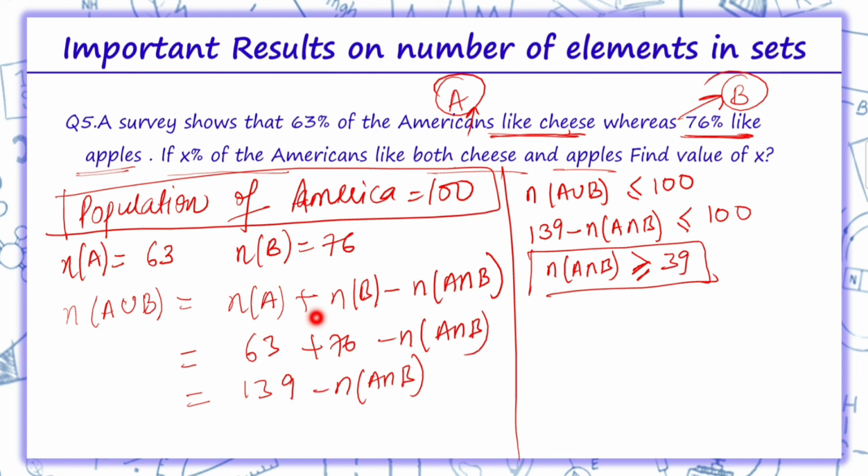Now, A intersection B is greater than or equal to 39. And we know A intersection B is a subset of A, and A intersection B is a subset of B also.